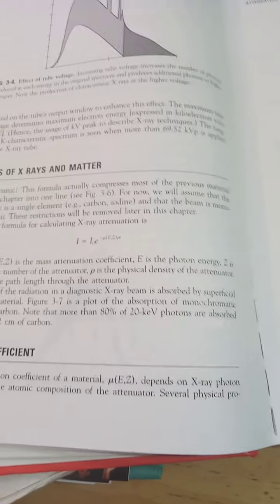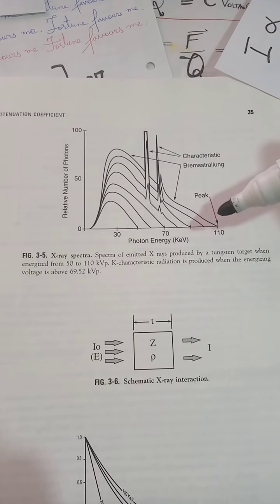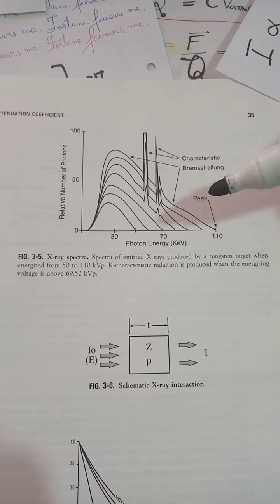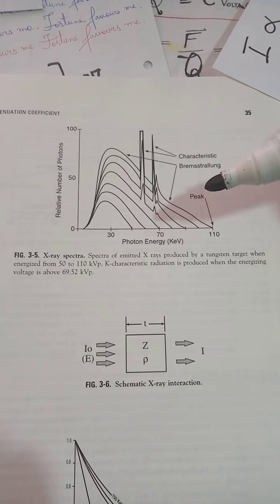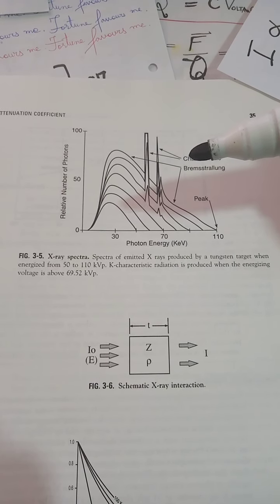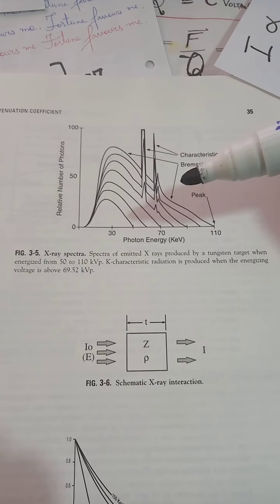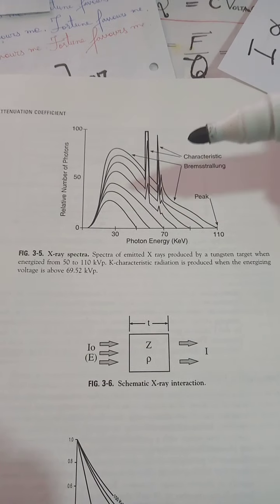Very typical, very predictable. And in this graph, we'll see the Bremsstrahlung. We'll see the X-ray spectra of emitted X-rays produced by a tungsten target when energized in a range of 50 to 110 kilovolts, and K characteristic radiations produced when the voltage goes beyond 69.52 kilovolts.